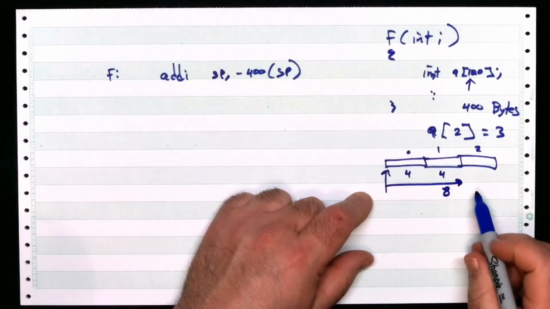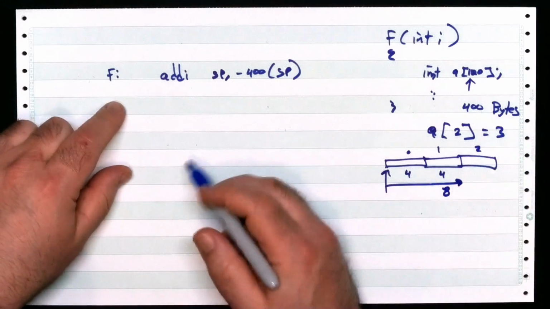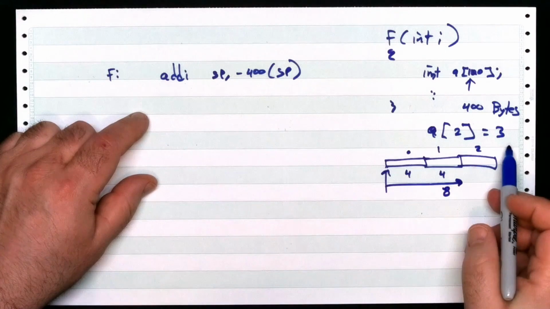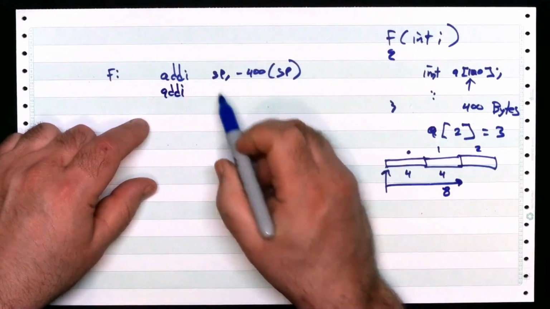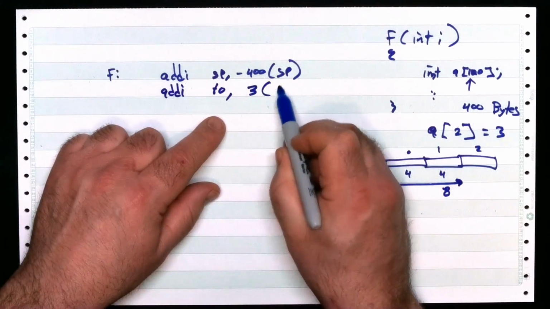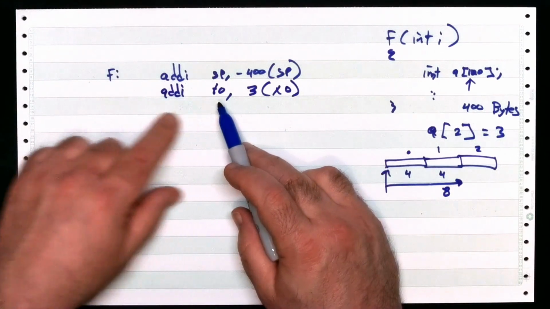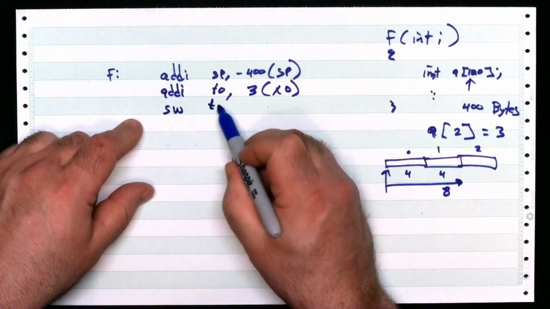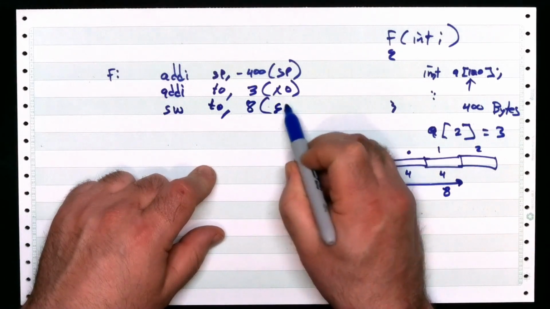So if you wanted to set a[2] to 3, first of all, we've got to get 3 into a register so we can store it. So you might say add immediate, t0, 3 off of x0 to get the 3 into register t0. Then we might say store word t0, 8 off of the stack pointer.